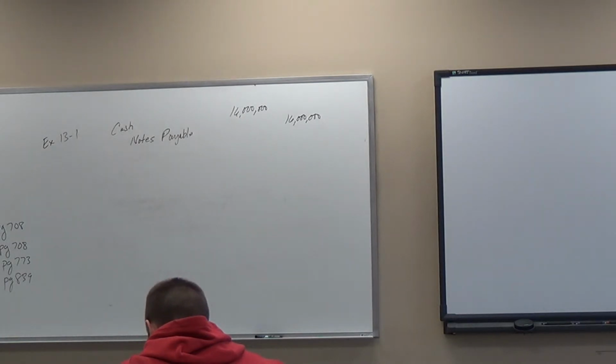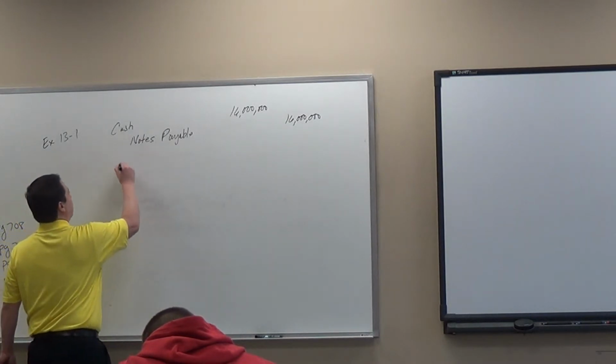Okay. All right, so the next part of the problem says that we will prepare the appropriate adjusting entry for the notes on December 31st. So we did this on November 1st. So we have interest expense and interest payable, right? So what's our interest expense there?